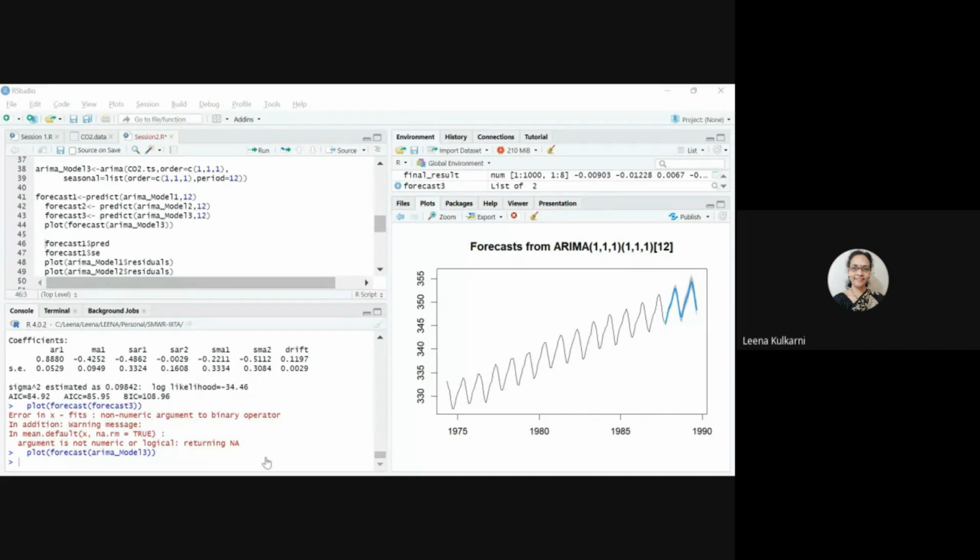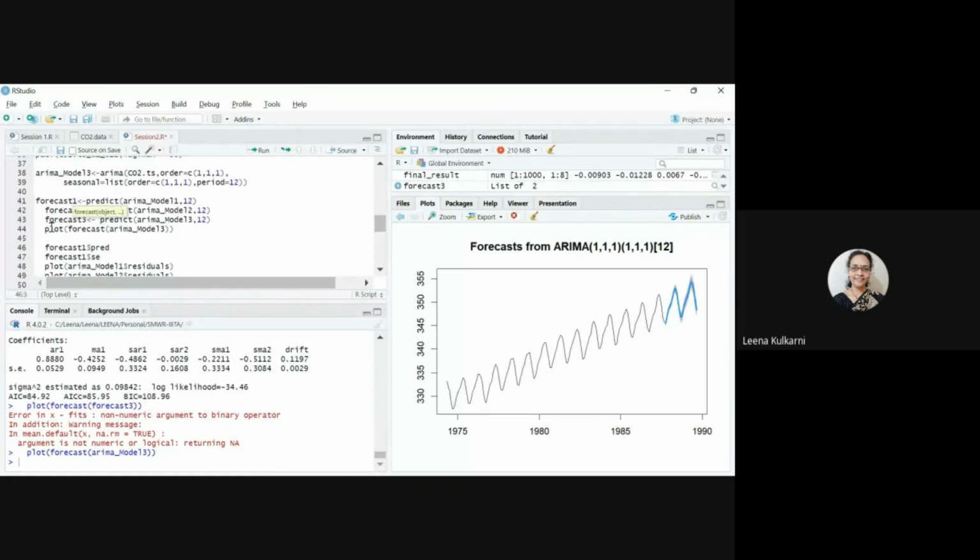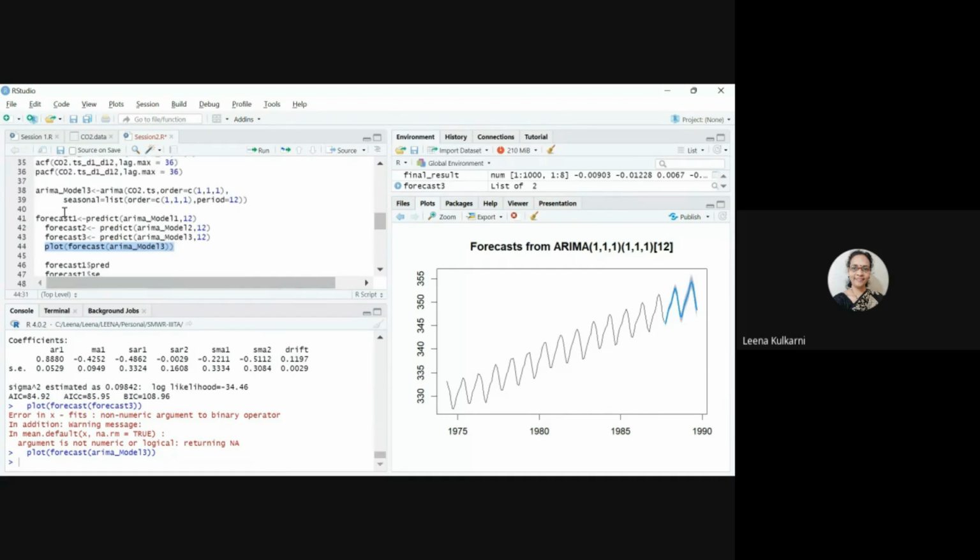Yes, and if you want to look at the forecasts, we are just trying to fit this model 3, with both seasonal and non-seasonal differencing, to the original data. We want to plot the forecast for the ARIMA 3 model.